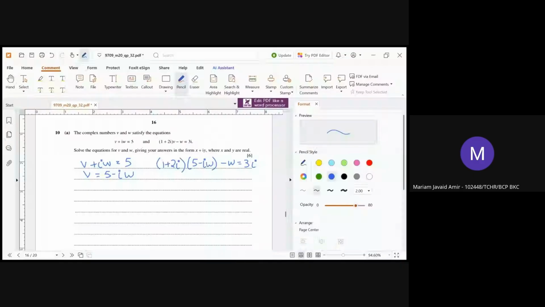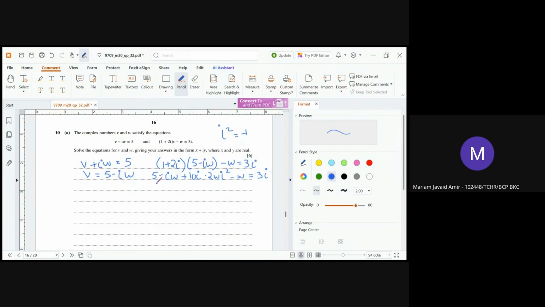Expand the brackets. 5 minus iota w plus 10 iota minus 2w iota squared minus w is equal to 3i, and we know iota squared is negative 1.